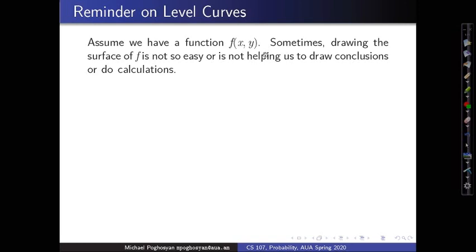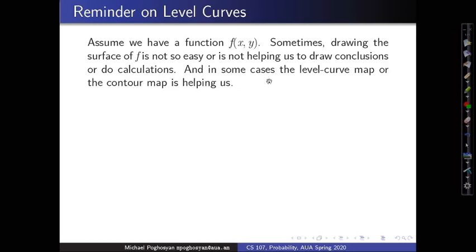The graph will be a surface in three-dimensional space. Sometimes drawing is not easy or not helpful for drawing conclusions or doing calculations, and then we use the level curve map, or so-called contour map.